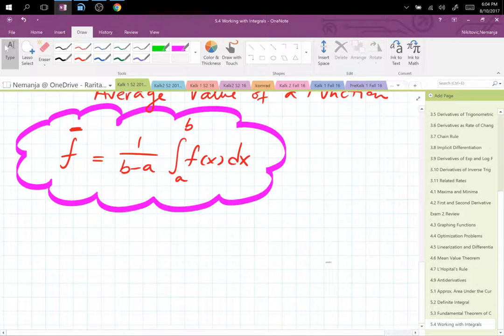What it does is it smooths out the function. It has a lot of applications, and anytime you're looking for the average value, you will be using this particular integral. So let's see an example of this. Maybe 2 examples, and then we're done.